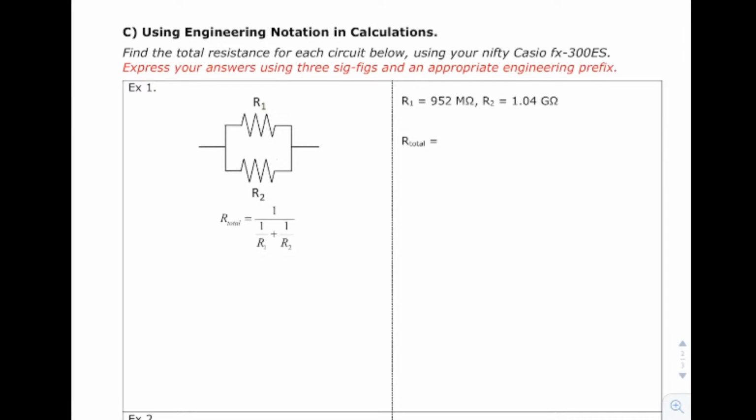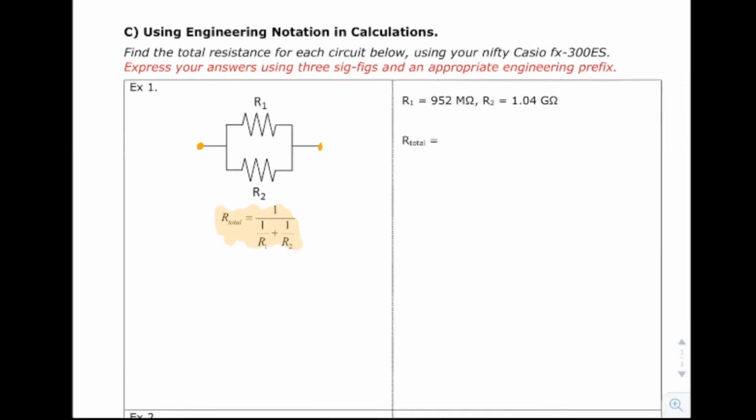So first of all, on the left, I'm giving you a formula for total resistance. Don will have to show you where that comes from later at some point. But just trust me, if you have some kind of a setup like this, where you have these 2 resistors, we call this parallel.